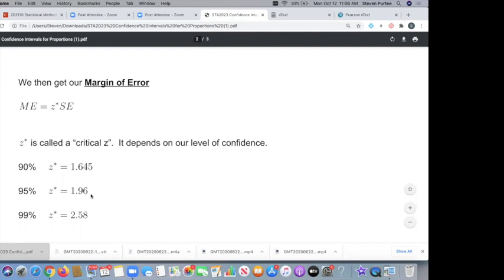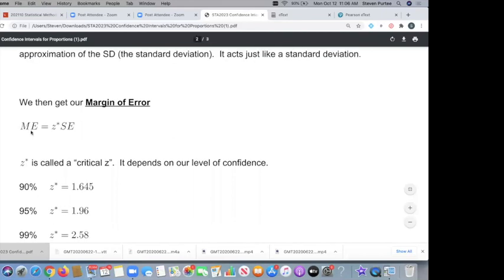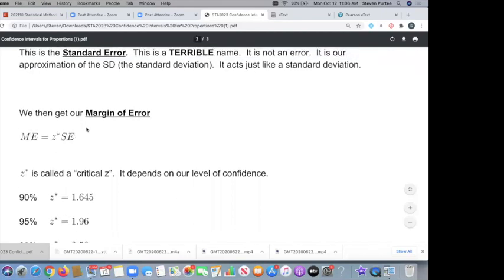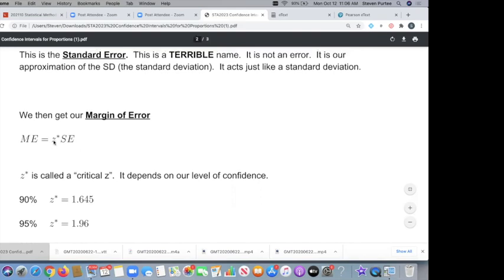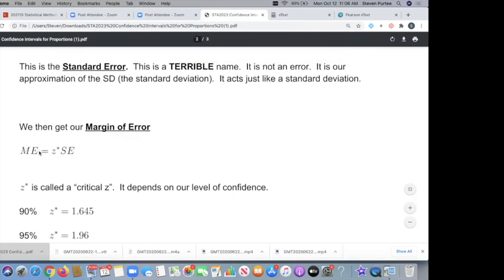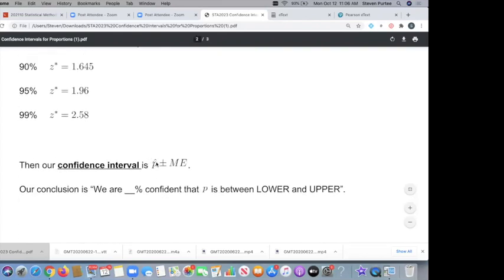It's 1.96 standard deviations on either side of the mean. And we call that distance from the mean the margin of error. And it's just our standard error times these, what we call critical Z values. And we go above and below our sample success rate, and that gives us our confidence interval.